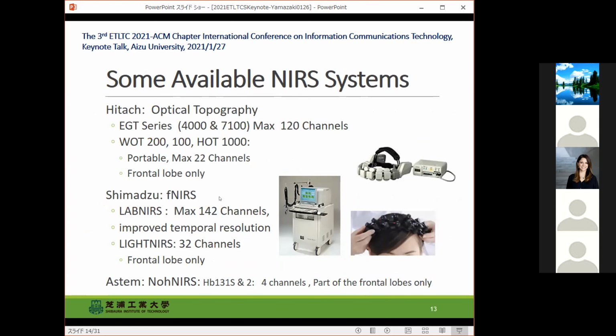And Shimadzu, another Japanese company, also sells the same kind of big ones. This one is also 52 channels, and they have portable ones too. And another one, I guess from an American company, is not so popular in Japan.